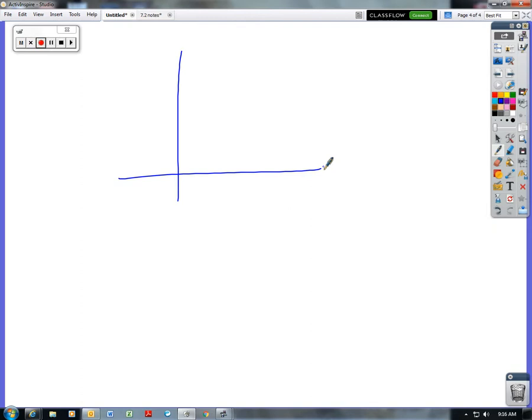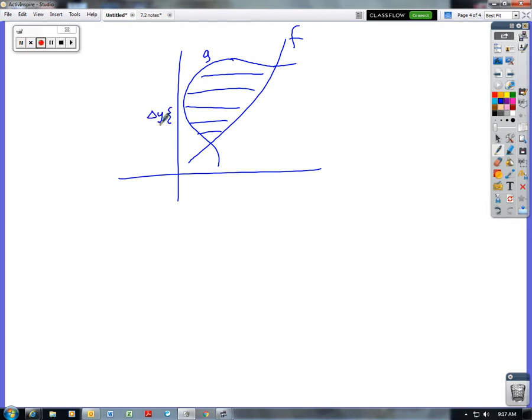What if you have a function g that's like this, and then f like that, and you wanted to find the area enclosed by the curves. In this particular case, it would be impossible to do with vertical rectangles. But what if you did it with horizontal rectangles? Look at the widths of those rectangles. Those widths are delta y, not delta x.